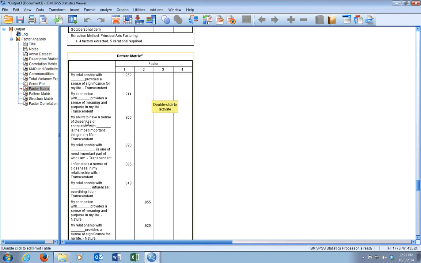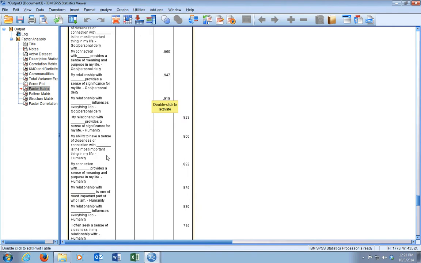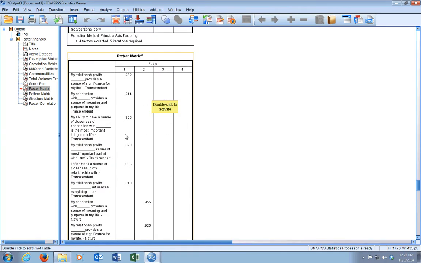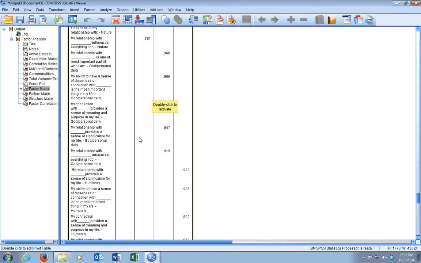So the transcendent, transcendent, transcendent. This all looks good. Nature, nature, nature. God or personal deity, and then humanity. So this is amazingly clean. I mean, we're not getting any cross loadings above 0.20. All the loadings are really high.